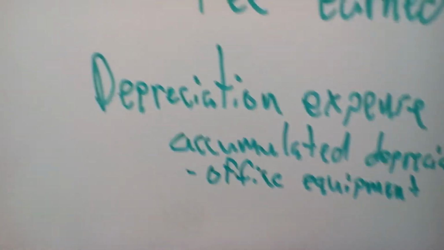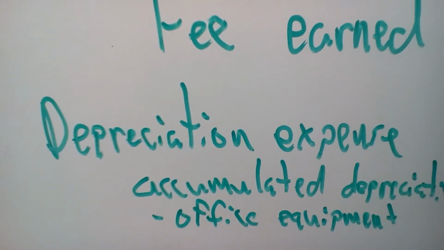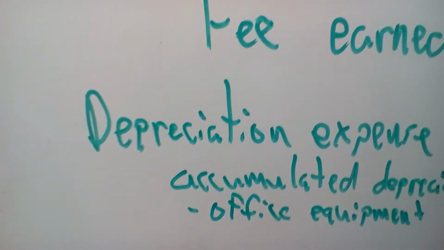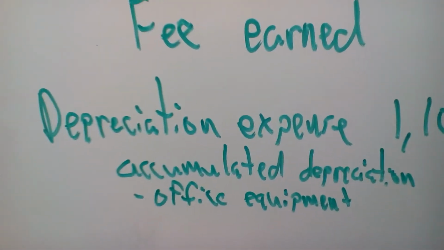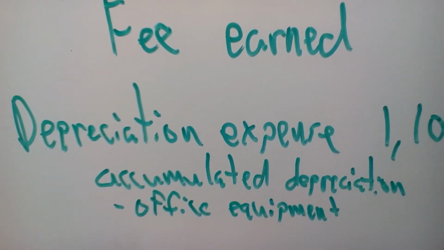The whole reason you depreciate in the first place is that if you were to expense a large asset all at once, it would spike your books, especially for the month you expensed it in.